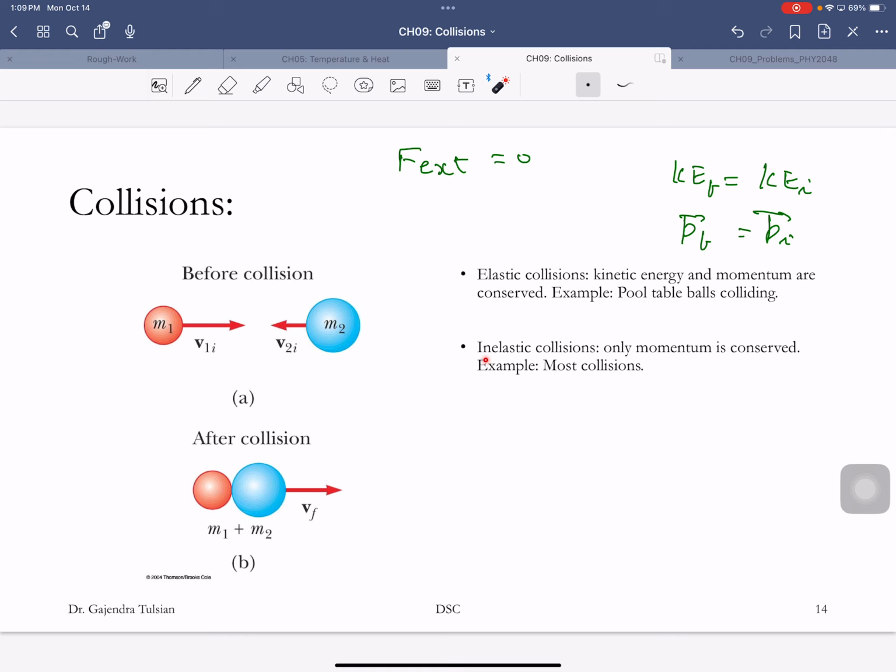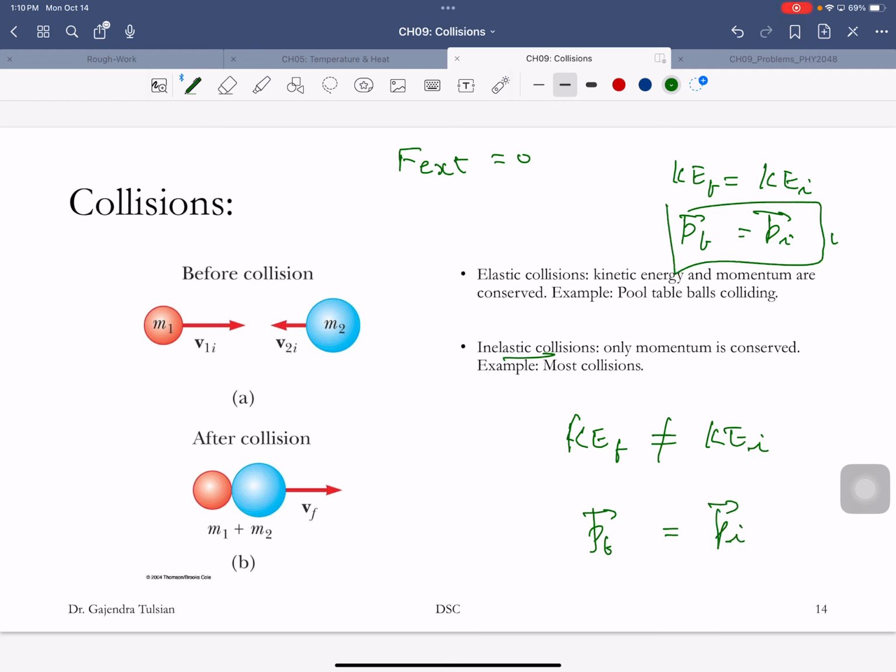In an inelastic collision, kinetic energy is not conserved. Most of the time it's reduced, but sometimes it's increased as well. But momentum is conserved. So as far as collisions go, this is a more powerful quantity.